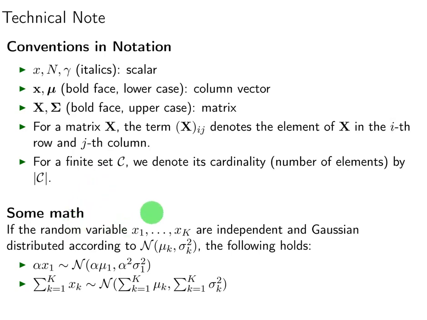Oftentimes we assume that the EEG samples are independent and distributed according to a Gaussian or normal distribution, N, with the following mean and variance. The distribution of a scalar random variable, and the sum of all separate individual random variables or trials, will also be reflected in the distribution of the data.